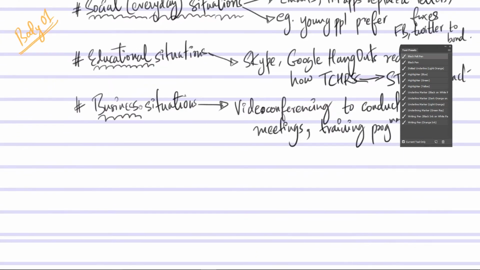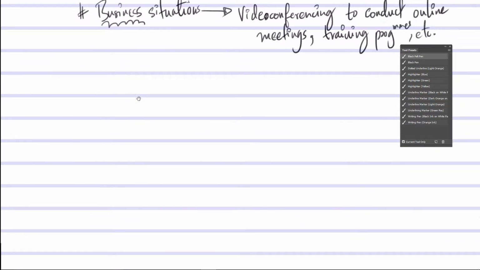What about body 2? Now, I think the second question is more to do with, has it been a positive or a negative development? So we have to give our opinion there. Have these changes affected our lives positively or negatively?